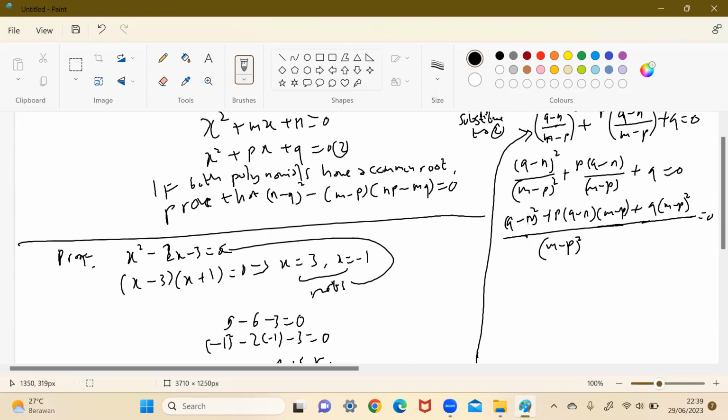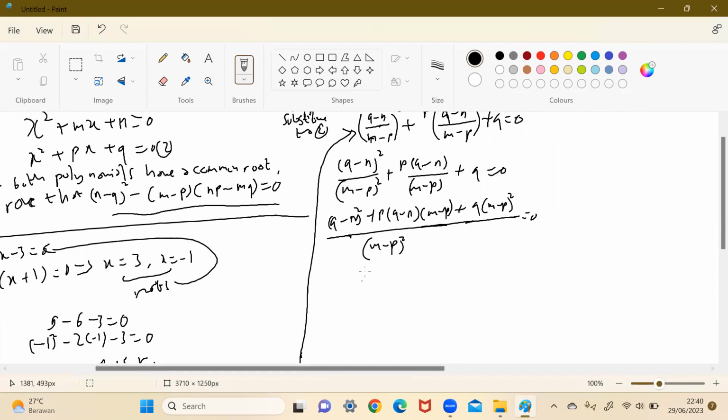For this kind of equation to hold, you can verify that the numerator should be 0.